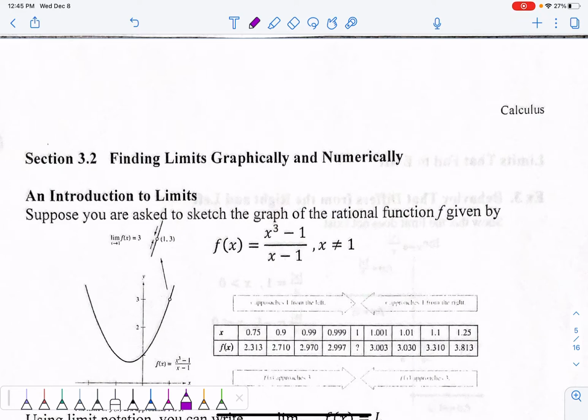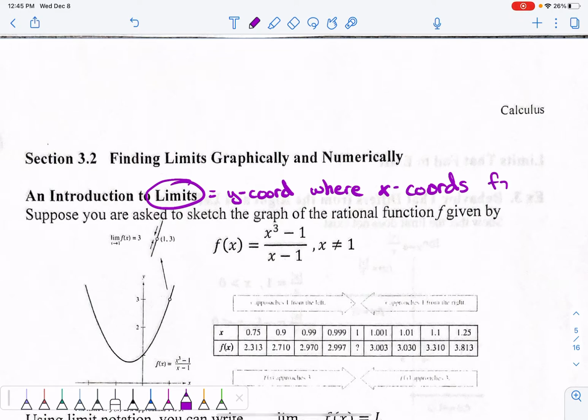So here we go. 3.2 is looking at graphs and finding what's called a limit, okay? And a limit, in the most basic terms I can explain it, is the y-coordinate where x coordinates poop out, okay? So where x coordinates fail, okay?